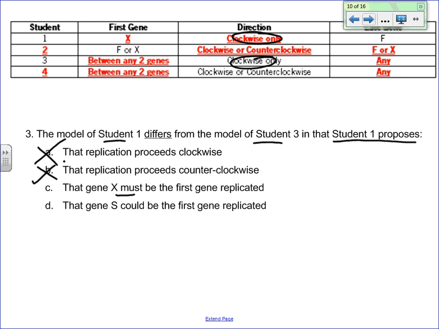Does student 3 disagree with that? Yes. Now you'll notice, student 3 says that could it start at X? Yes, but does it have to start at X? No. And that's why this is the right answer. All right. Gene S could be the first gene. Student 1 would disagree with that. Right? They have to start at X.